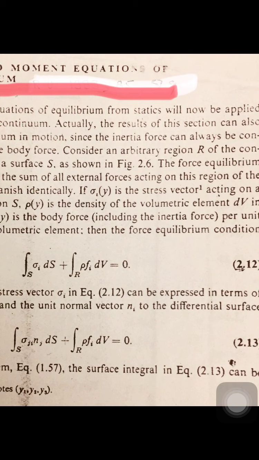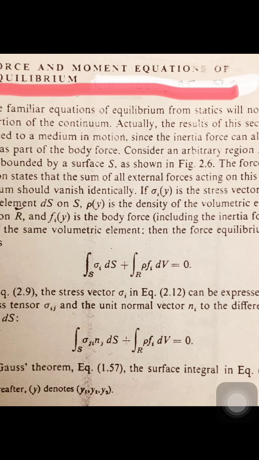Now the second part: in the region, the force per unit volume, F_i cap, is nothing but rho F_i, on a volumetric part or region. That's why we take the integral over R of rho F_i dV. Okay, this is called the body force. So surface force plus body force equals 0. We got equation 2.12.